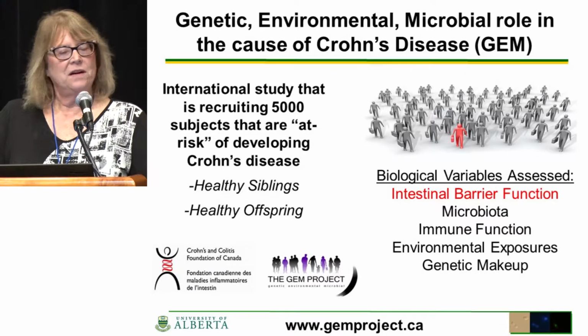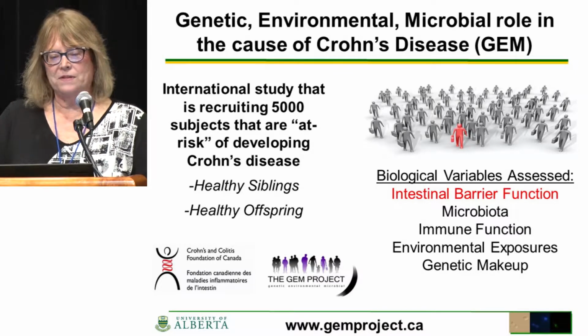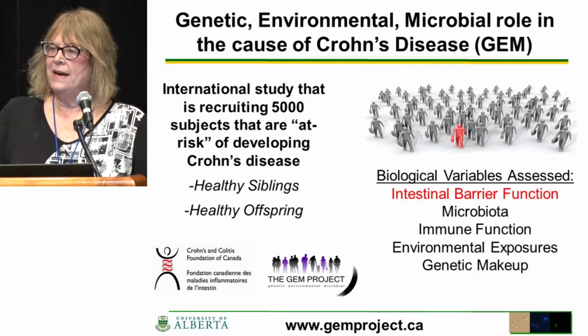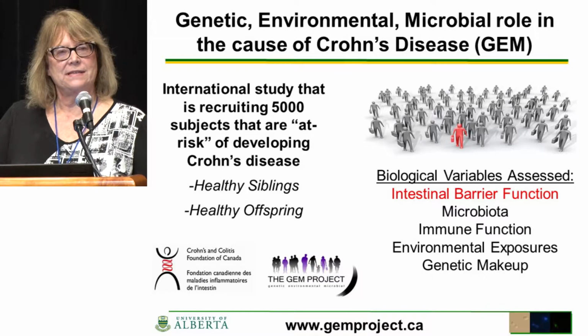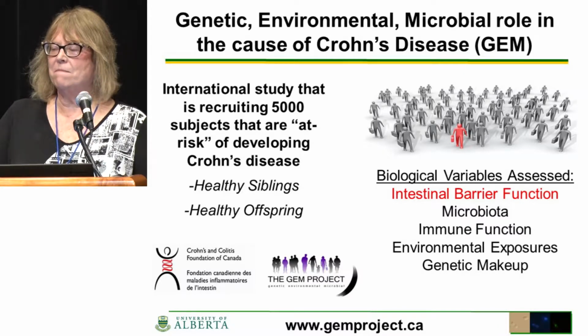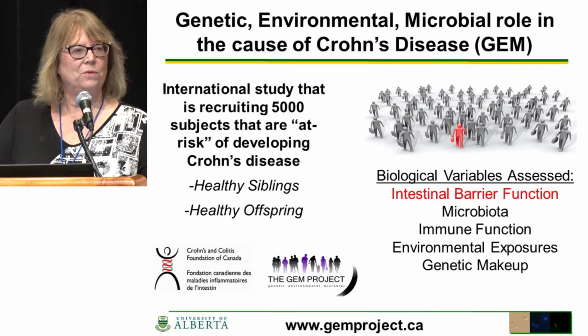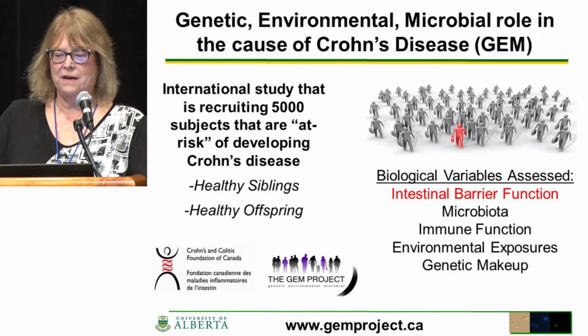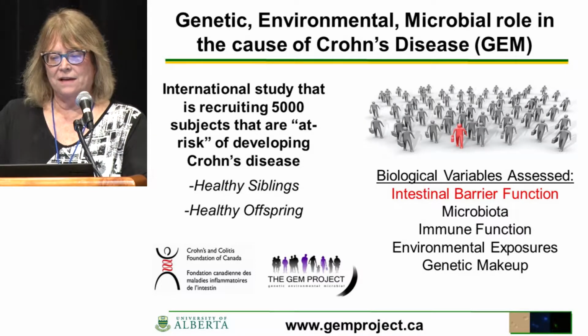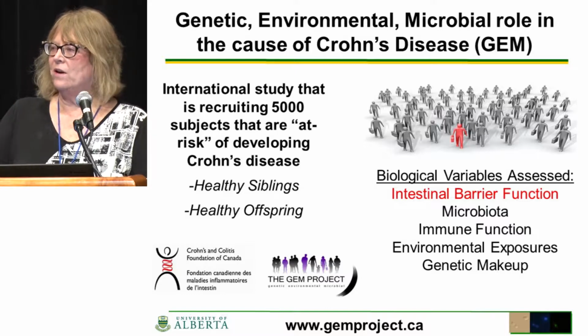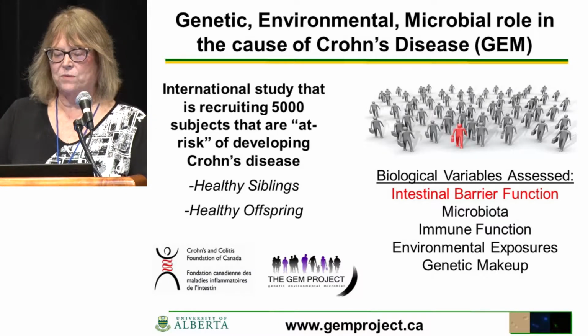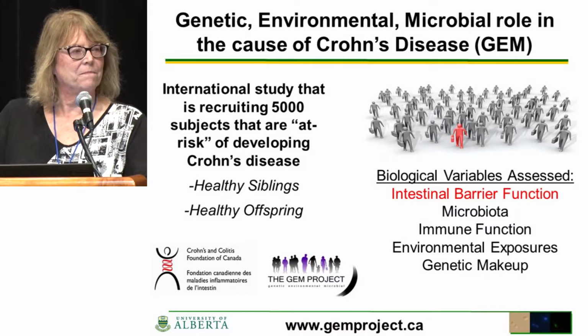So we have 5,000 subjects that we're following, siblings and offspring, looking at intestinal barrier function. So we have assessed it when they come into the study. They're healthy at this point, nothing wrong with them, no signs of bowel disease. Doing microbiota analysis, immune function, looking at all their environmental exposures, as well as a complete genetic breakdown.